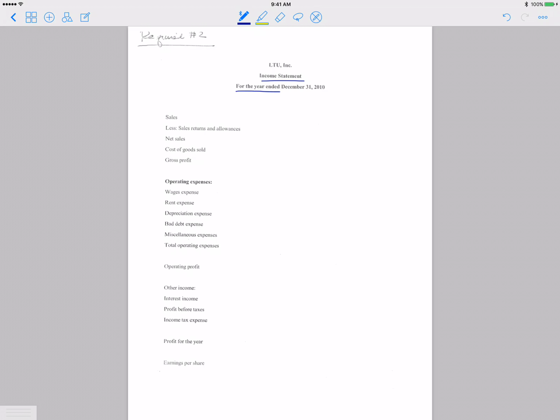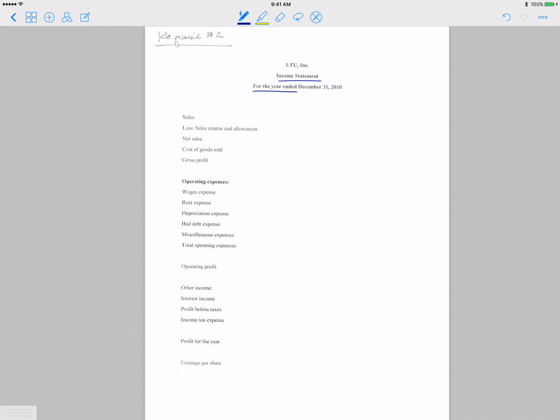It's very important to know that. Compared to a balance sheet, where we do it as at a certain date, it's a screenshot of the accounts at that date. This is a summary at the end of a term, at the end of a business cycle. So here we are looking at our revenues and our expenses in our income statement.